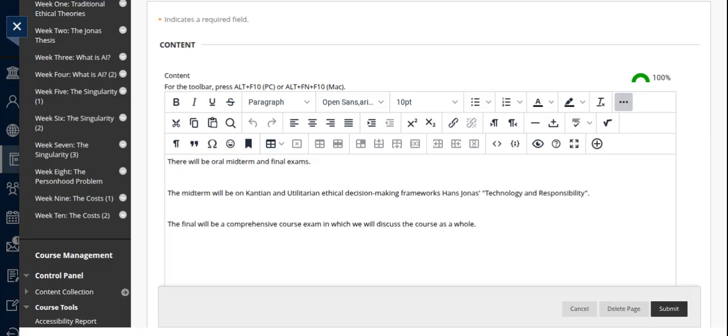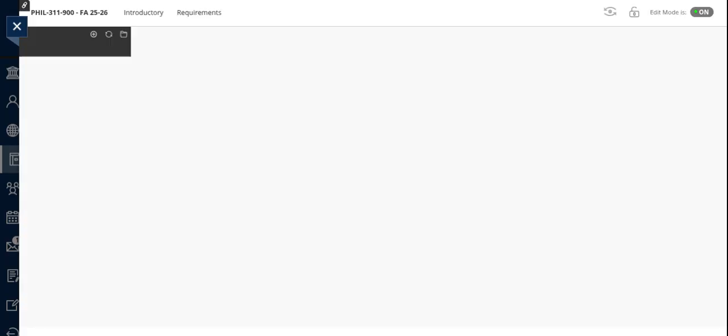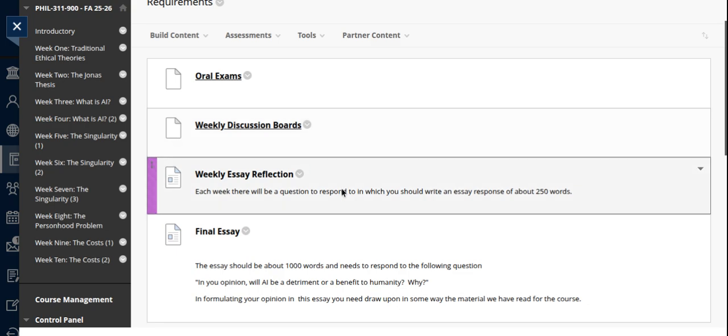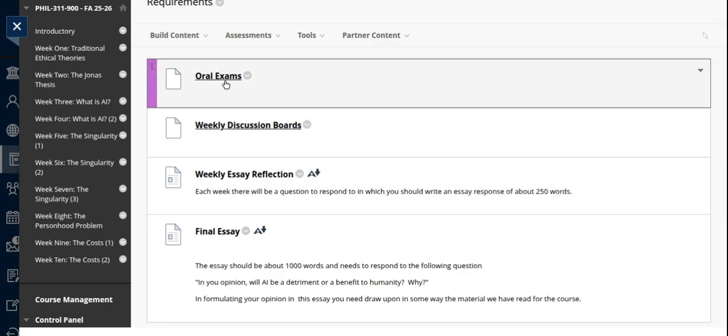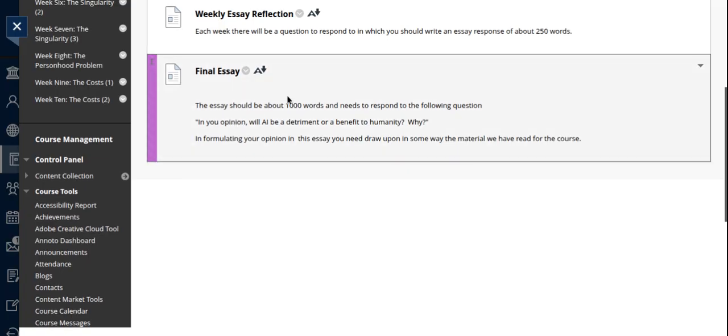So aside from the weekly requirements of the discussion board and the essay reflection, the oral exams are a big part of it. And aside from that, there's a final essay.